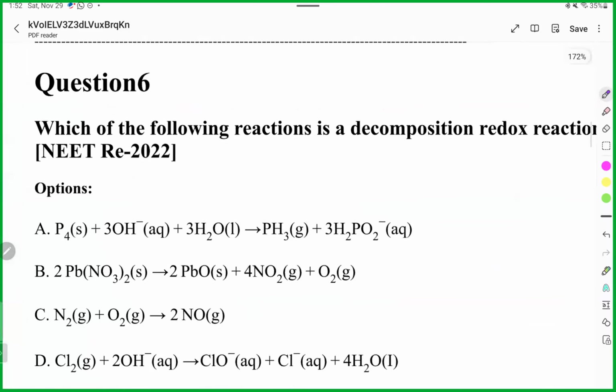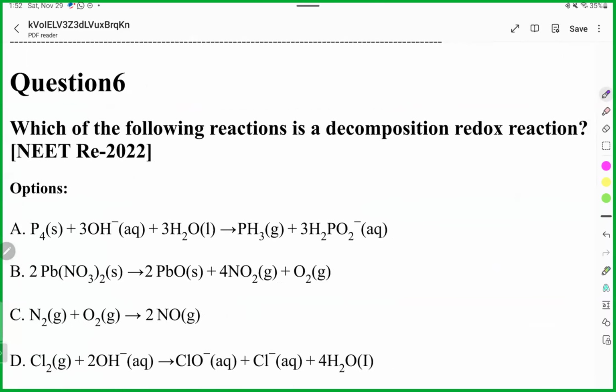Tell me, Anvita, which of the following is the decomposition reaction? First one is not right.